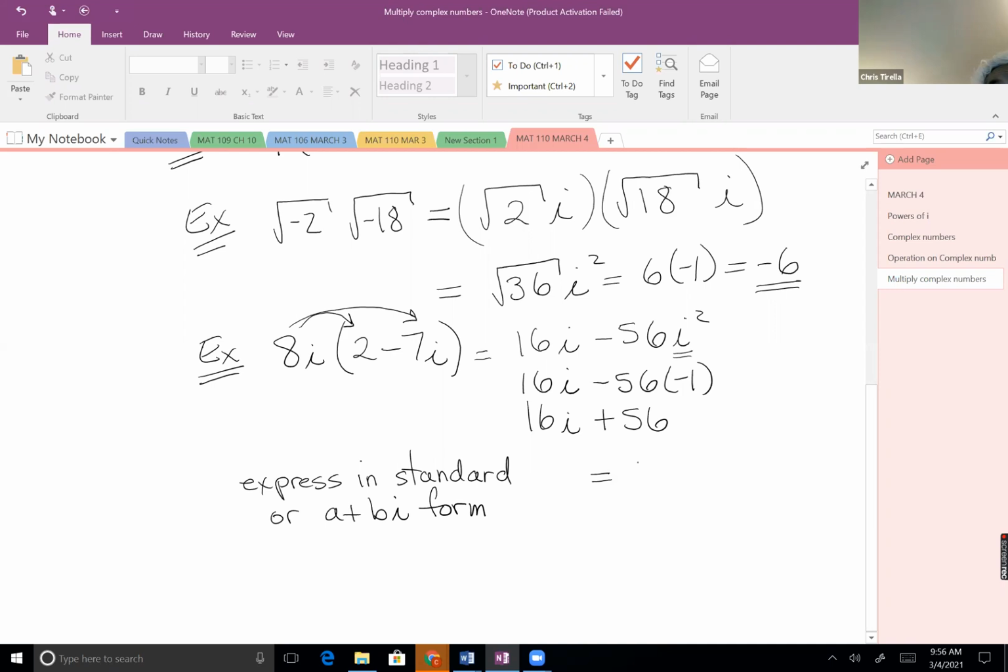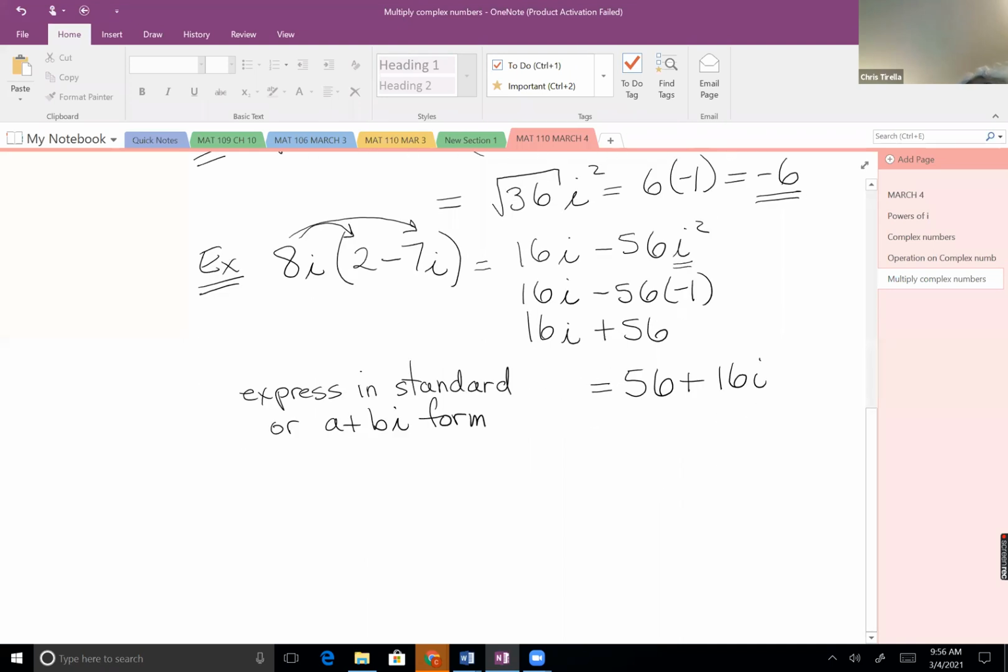So my final answer here would be the real part is 56 plus the imaginary part is the 16i. Straightforward enough?